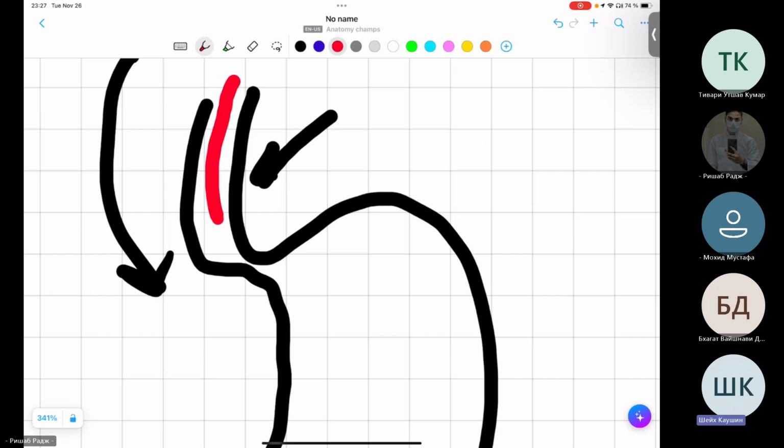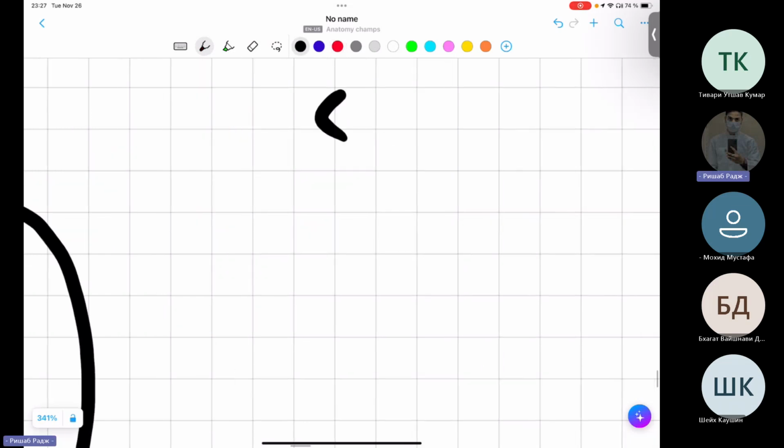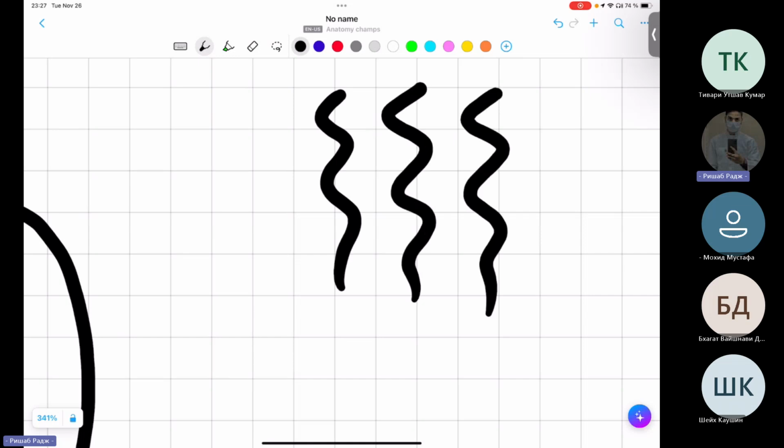Remember it. Because of the sphincter. You have sphincters, so yes, you can say this is your cardiac sphincter. The cardiac sphincter does guard it, but it is very dilated.